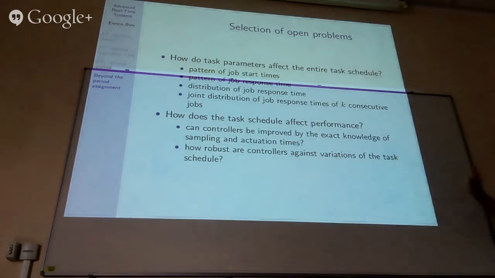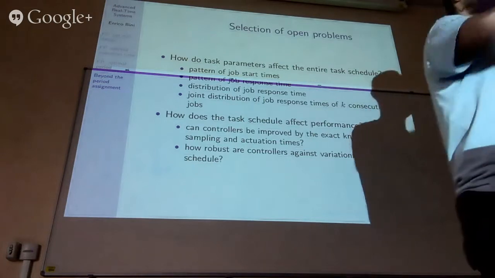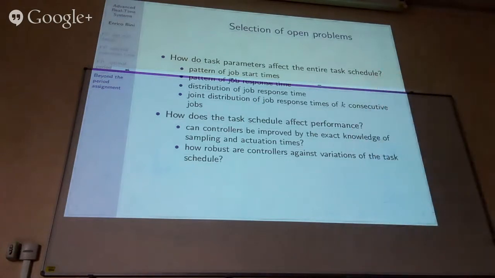If sensing occurs at the beginning of the job, it's also interesting to know what the start times are as a function of the task periods, and not just the longest start time. So the entire pattern of start times as a function of the task periods, or maybe also the entire pattern of job response times.